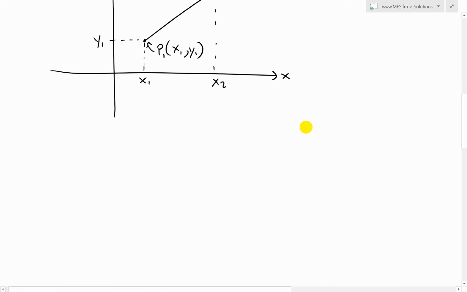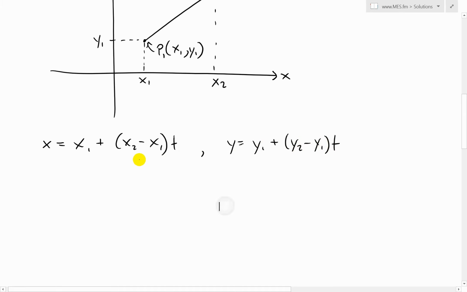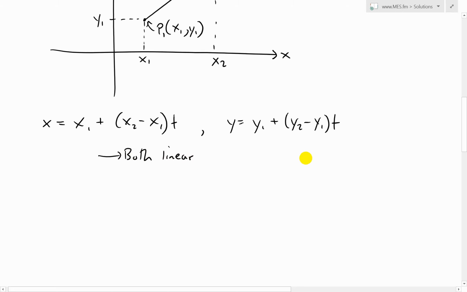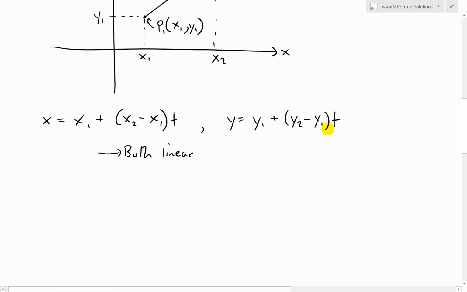So what I'll write is x equals x1 plus (x2 minus x1) t, and y equals y1 plus (y2 minus y1) t. These are again both linear equations. In other words, these are both describing a line, one on an x and t axis, and the other on a y and t axis.